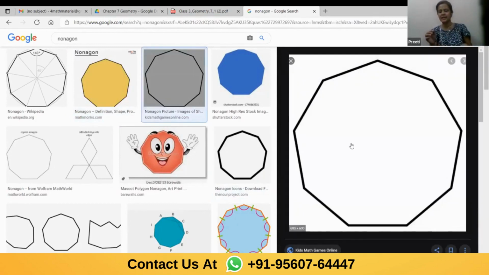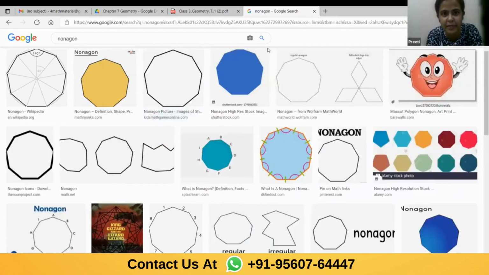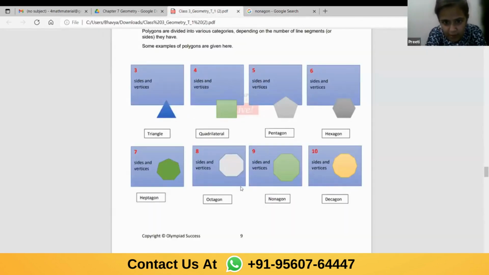See, count, does it have 9 sides? Yes, ma'am, 9. Maybe that is a printing error. I also never noticed that it has 8 only. Thank you, Dharya. I'll get this corrected.